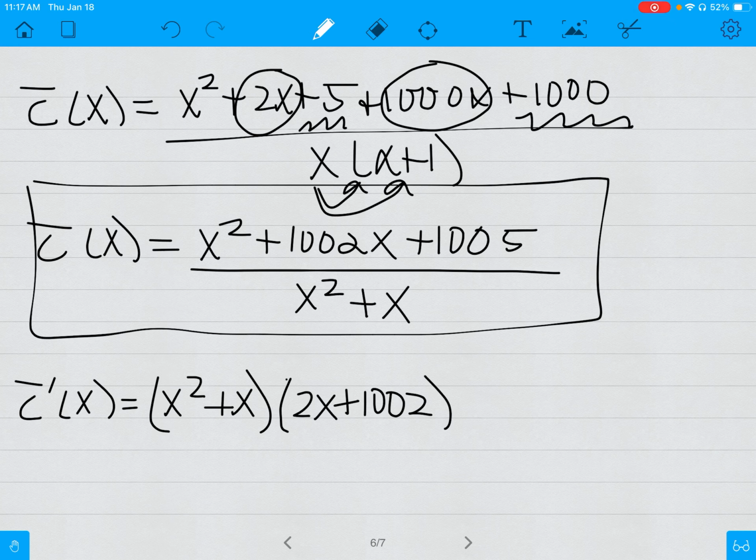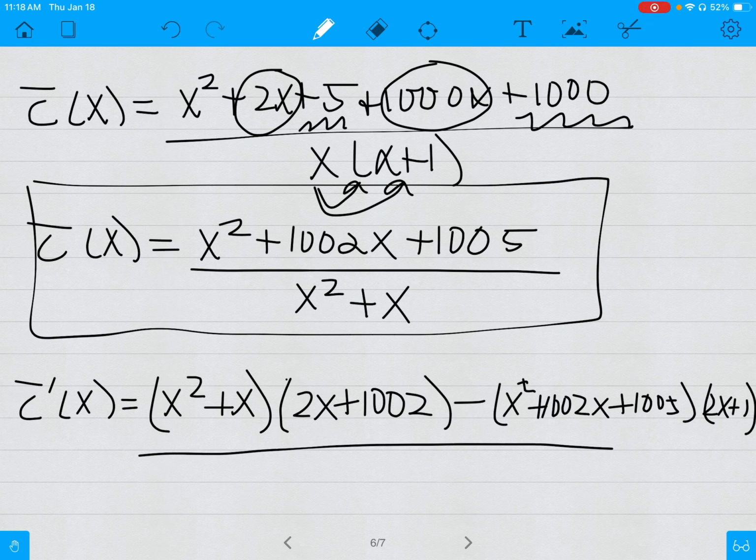So that's denominator times the derivative of the numerator, minus the numerator, x squared plus 1002x plus 1005, times the derivative of the denominator, which is 2x plus 1.